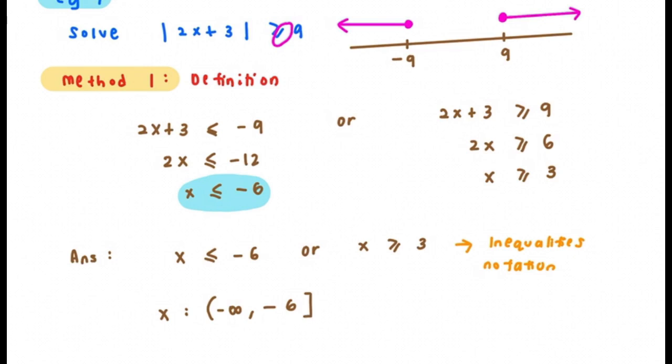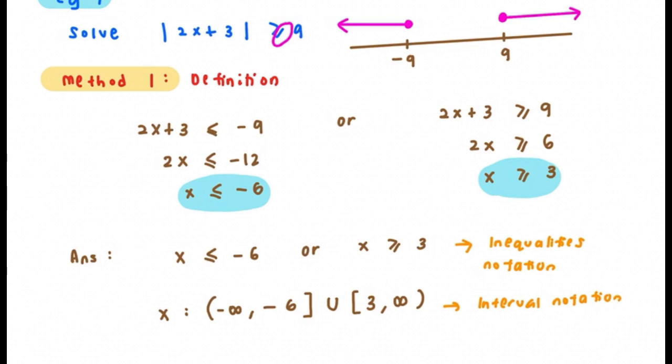Because you are having the equal symbol here. Union, the second answer is x more or equal than 3, which means you can write from 3 until infinity. Infinity is always an open bracket. For 3, when you have the equal symbol, write the close bracket. So this one we call the interval notation. So always follow the question.